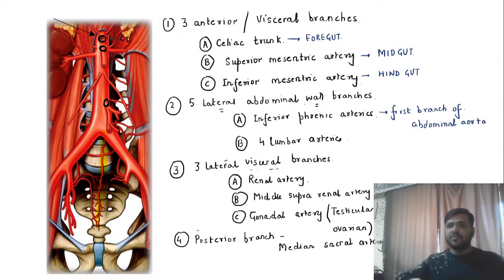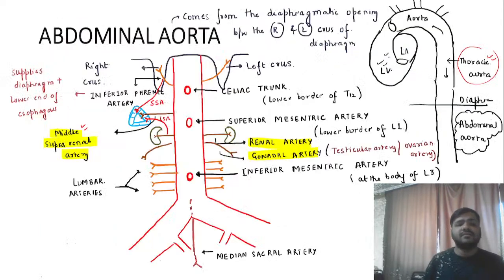Lateral दो तरह की, एक तो abdominal wall और एक organ को supply करने वाली, आगे वाली भी हो गई, पीछे वाली भी हो गई. अब आ जाते हैं last one, that is the terminal branches. The terminal branches of this.